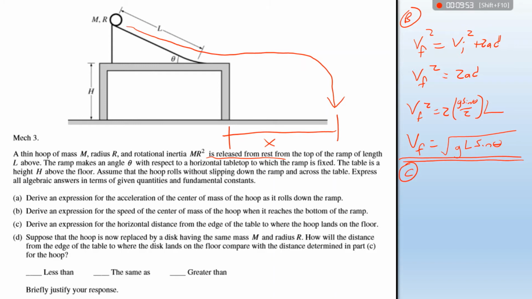Y equals... I don't know. I have no idea except for kinematics. But I think we have to use kinematics for sure. What you were saying was right. So something has to equal 0. But what has to equal 0 when an object hits the ground? Y. What does Y represent? 0.